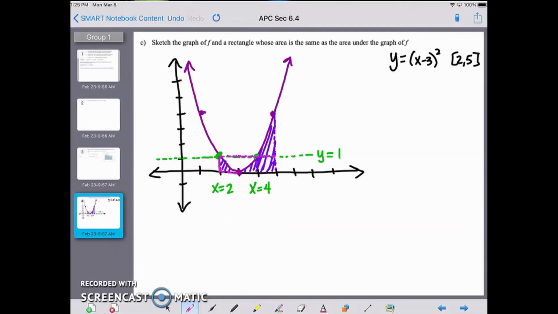where the base of the rectangle is from x equals 2 to x equals 5, and the height of the rectangle is 1. Okay, so let's write this down. The base of the rectangle is the length of the interval.